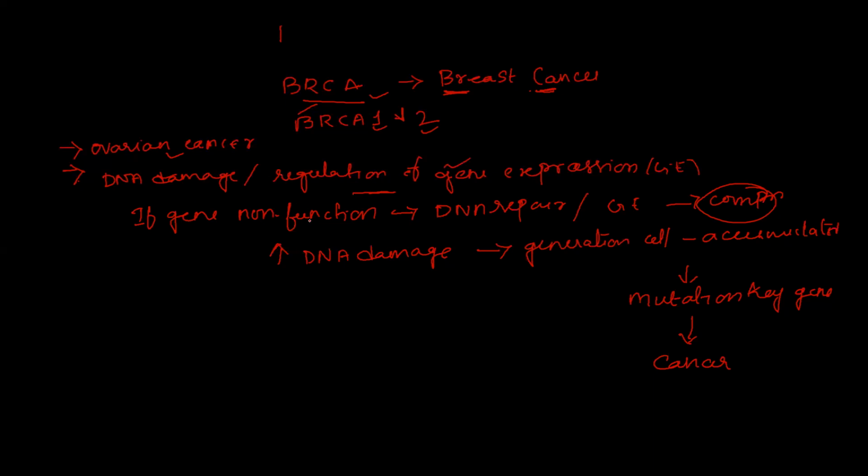So if the gene is non-functional, the DNA repair and the gene expression will not occur. As a result, the damaged DNA will be passed on to the next generation of cells and gets accumulated, and as a result the mutation of a few essential genes will occur, which will lead to cancer.